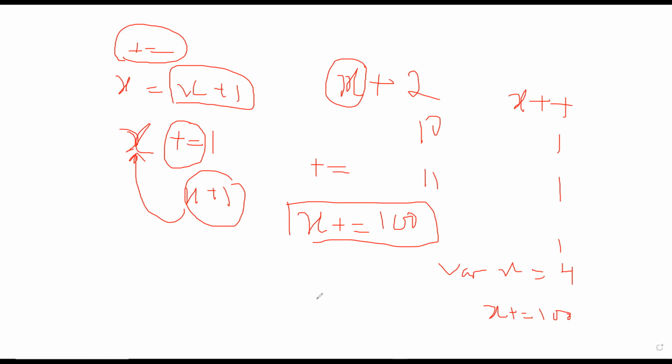So you are adding x plus 100 and assigning it back to x. So if I print console.log of x here, I'm going to have 104.